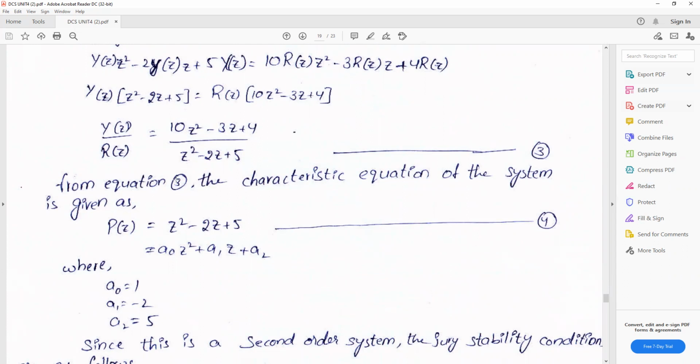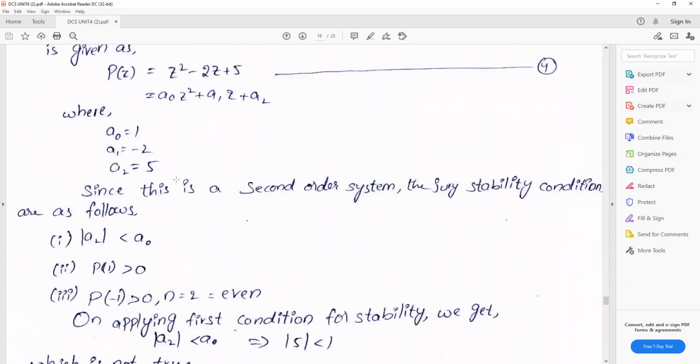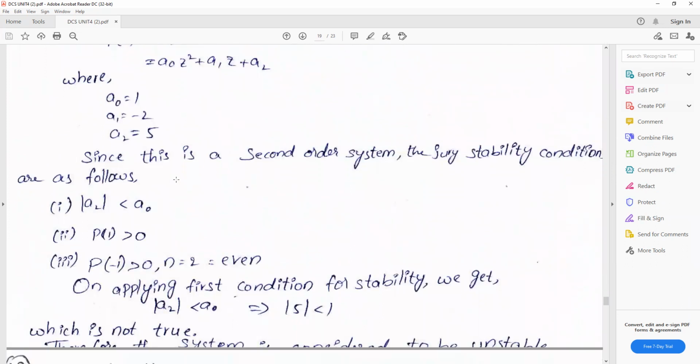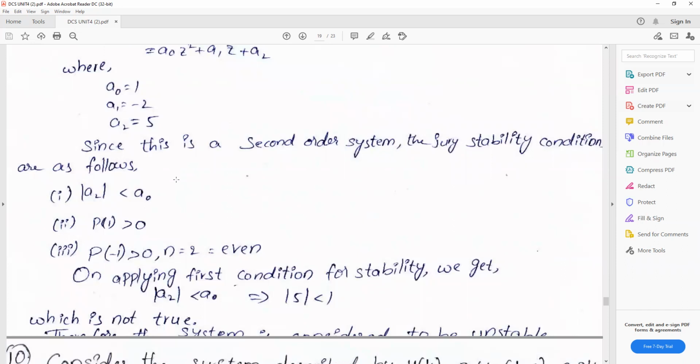Since this is a second order system, the Jury stability criterion has three conditions. First condition, modulus of A2 is less than A0. Second, P of 1 is greater than 0 and P of minus 1 is greater than 0.